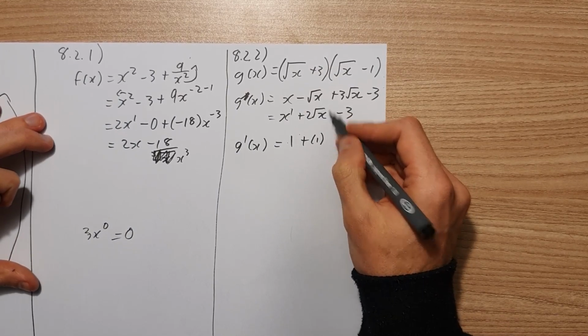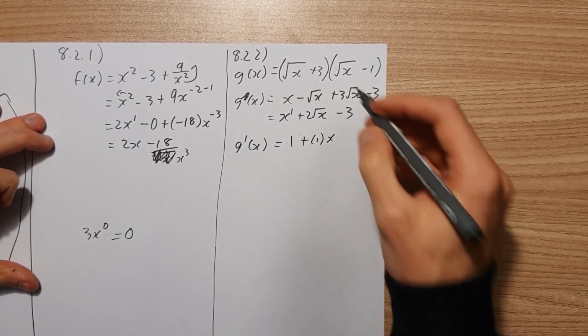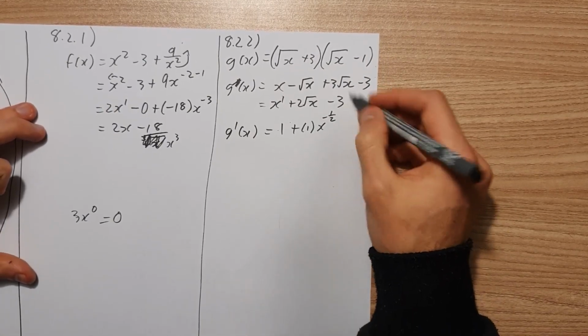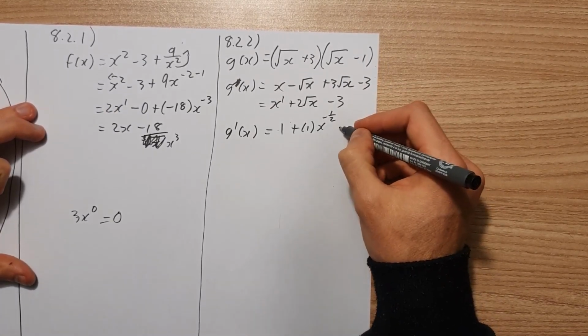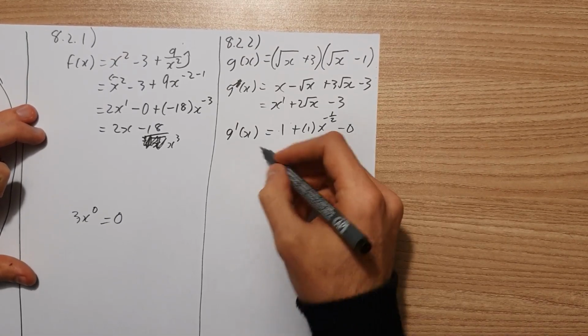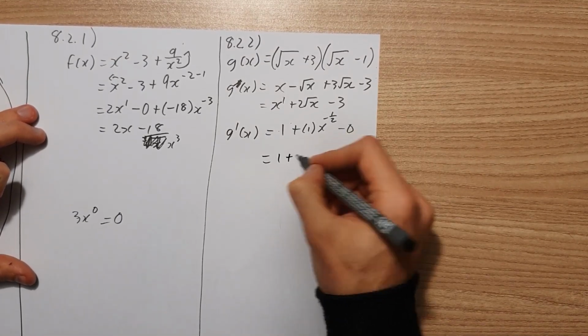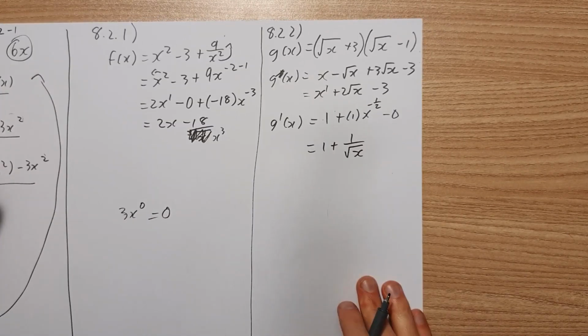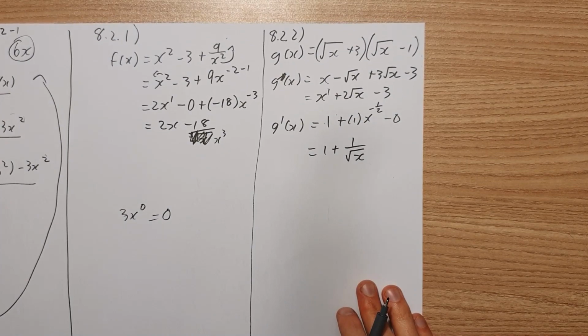So now it becomes x to the power of, we have to minus 1, so we get minus a half. Apologies for that. And then for a constant, like I explained earlier on, we're going to get minus 0. So our final answer is going to then be 1 plus 1 over the square root of x. Okay, and that's how we go about doing this question.